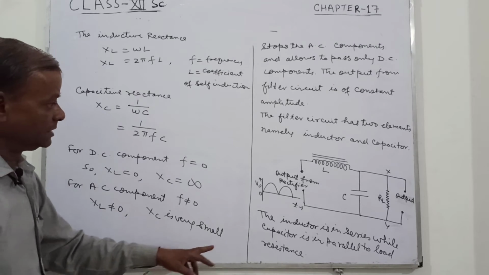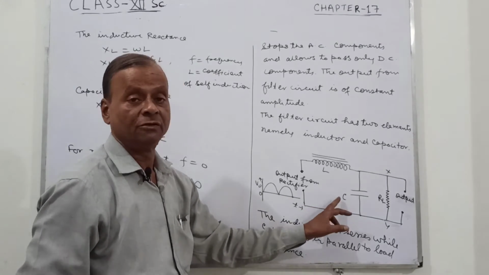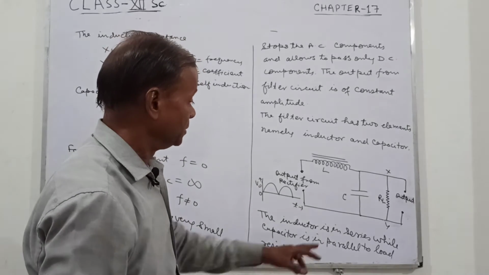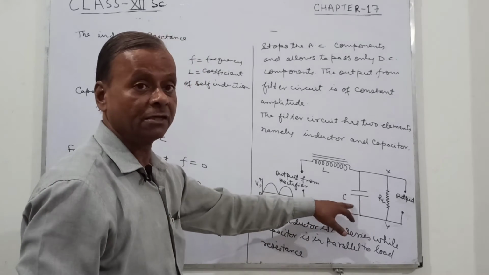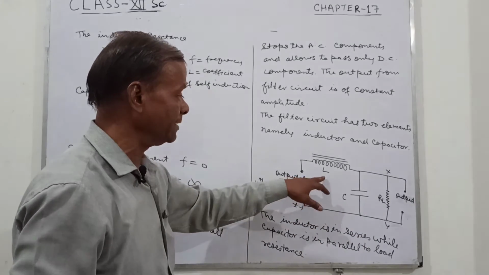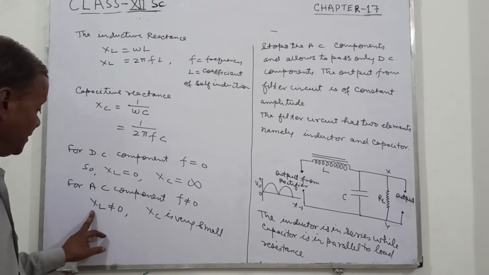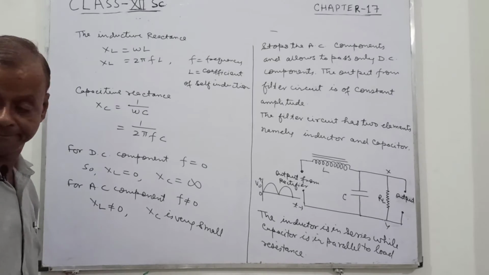It means that this capacitor will allow to pass only the AC component. So for AC this behaves like a conductor and the inductor behaves like an insulator, because it is having the resistance very high.